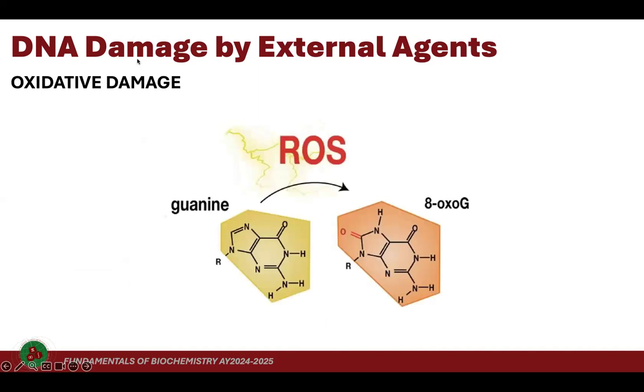And we have oxidative damage caused by ROS, or reactive oxygen species. We are actually exposed to these ROS on a daily basis. There are reactive oxygen species produced naturally inside your cells, but at a minimum. They are byproducts of the metabolic reactions taking place inside your cells, and there are enzymes that eliminate them.